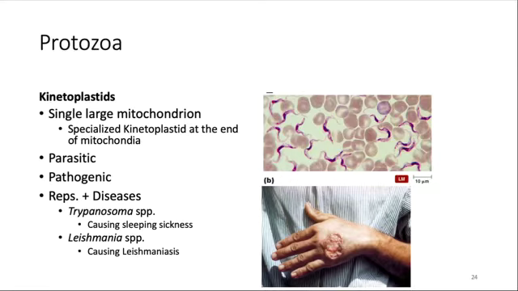So some of the diseases that they cause would be trypanosomiasis or sleeping sickness, and then leishmaniasis. The second picture here shows leishmaniasis, and these are the organisms, the parasites in blood. So these are extracellular parasites.